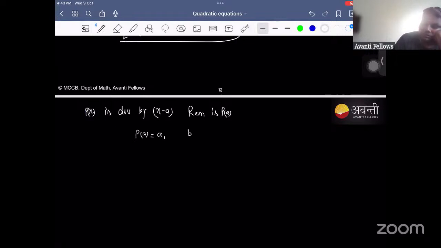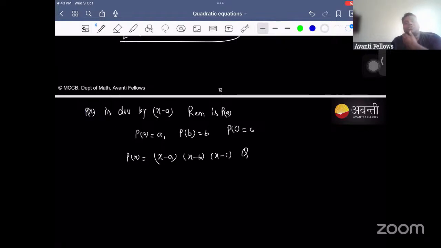When divided by x minus b, remainder is b. When divided by x minus c, remainder is c. So when we divide this P(x) by (x minus a)(x minus b)(x minus c), there will be some quotient q(x) and some remainder.